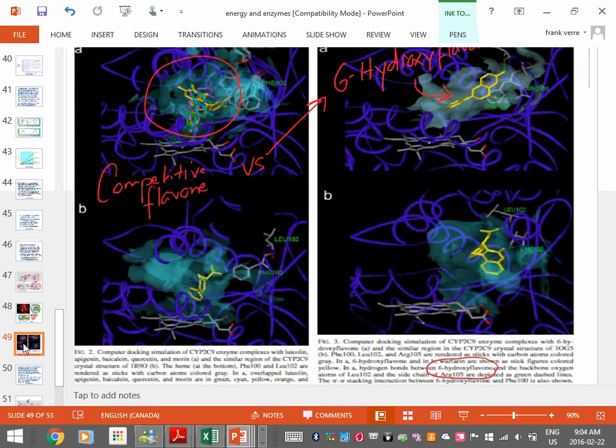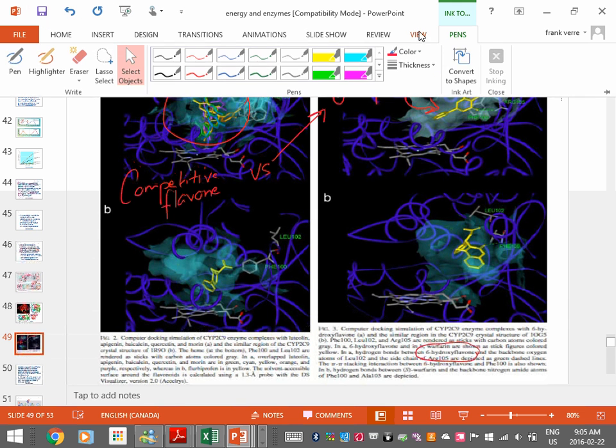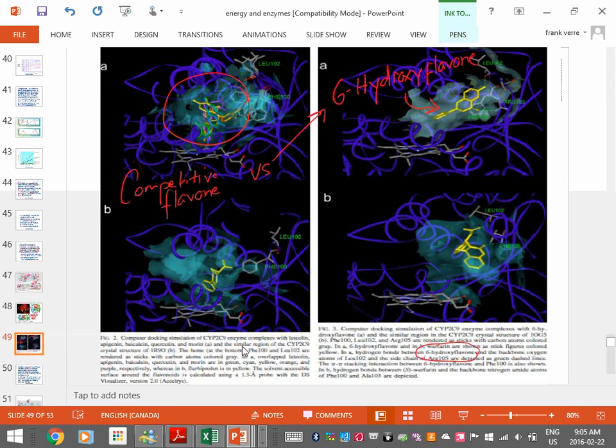I'll show you a different example. Again, I don't really care if you know the names. I just want you to understand the difference between the two. So on the left here, let me highlight this. This is an enzyme called CYP2C9. It's an enzyme found in your liver, involved in detoxification.